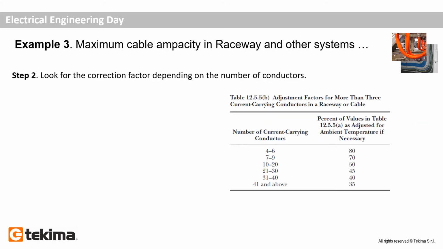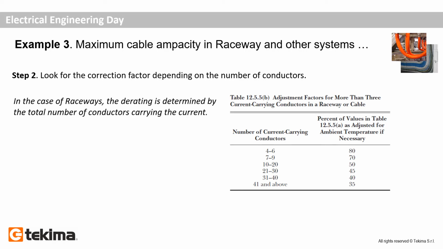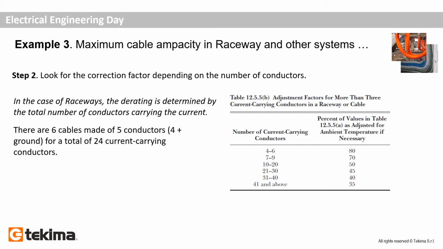Step 2. Look at the correction factor depending on the number of conductors in the raceway. Based on the rules, the derating factor depends on the total number of conductors carrying the current. In this case, we have 6 cables made of 5 conductors. The total amount of conductors carrying the current is 24, which means that the adjustment factor will be 0.45.